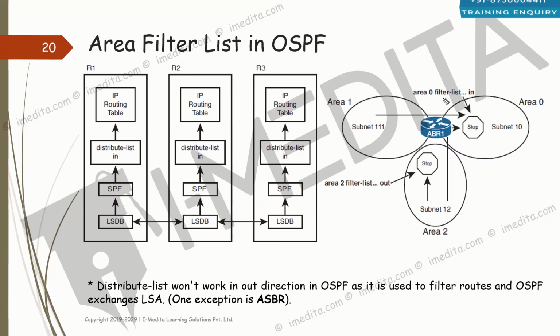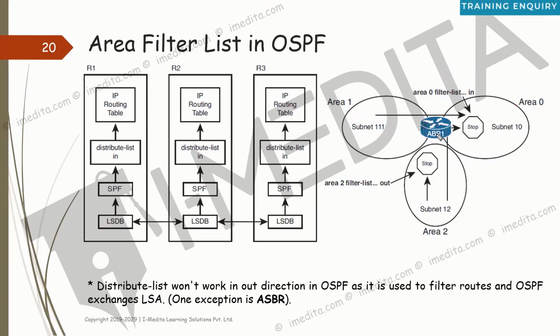So we can use this thing called area filter list. This area filter list can filter type 3 LSAs based on the prefix list again. It can only be applied on area border router because ABR is the only device that generates the type 3 LSA. So for example, there is a subnet 111 that I do not want to advertise only and only in area 0, but I want that subnet to get advertised in area 2.